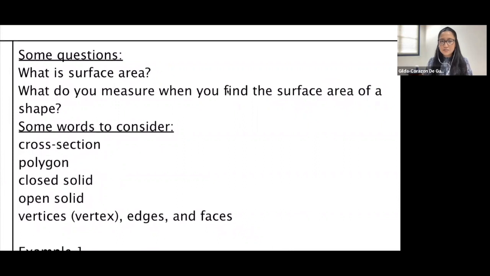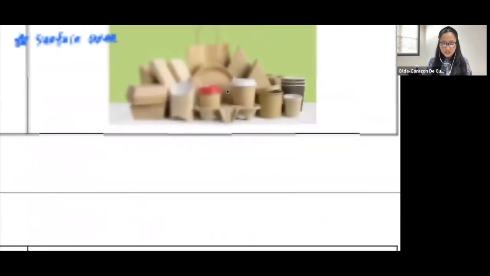And these are some words that you want to consider, and maybe those are the things that you will be able to find when you look at your textbook and read it, and maybe answer some of the questions that they've suggested you answer. Right, so the first one we mentioned already, it's a cross section, the shape of a slice of that 3D shape, okay?